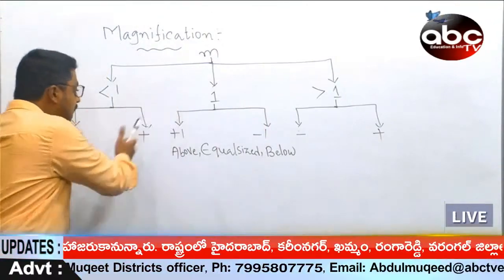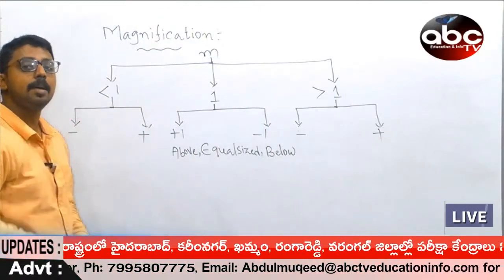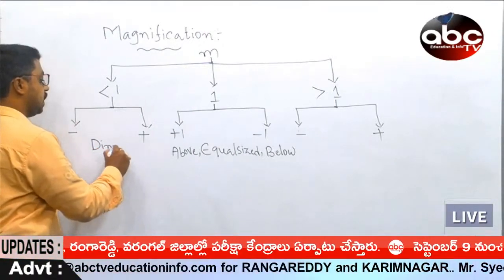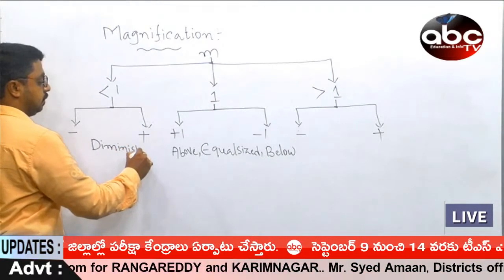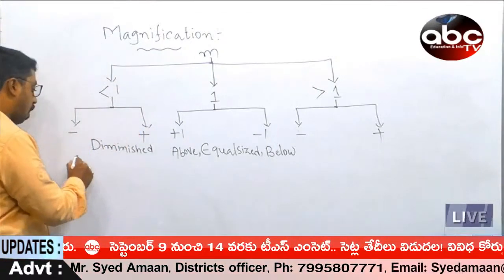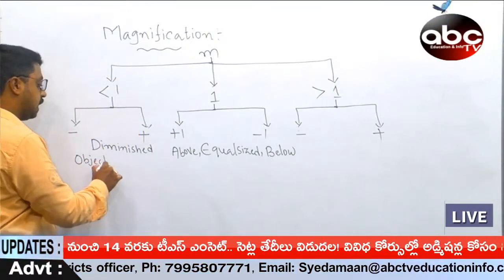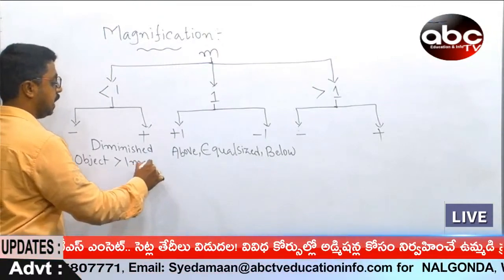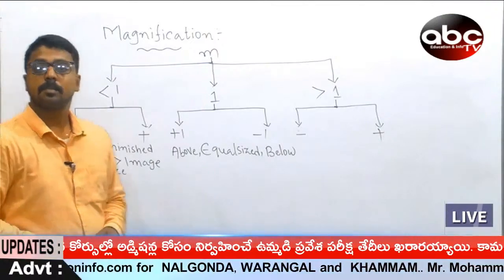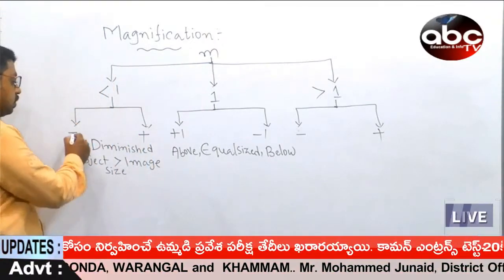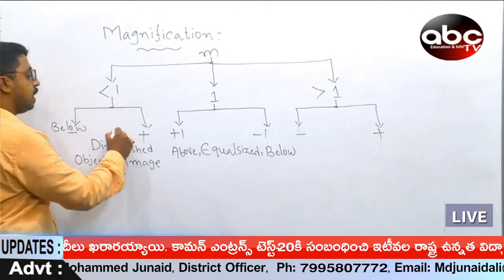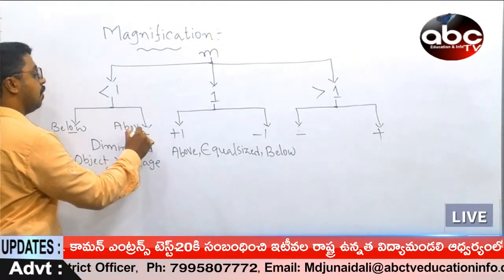If it is less than 1, how should we identify it? It is nothing but a diminished image, where the object is greater in size than the image. Here also, if it is minus, it is below. If it is plus, it is above.